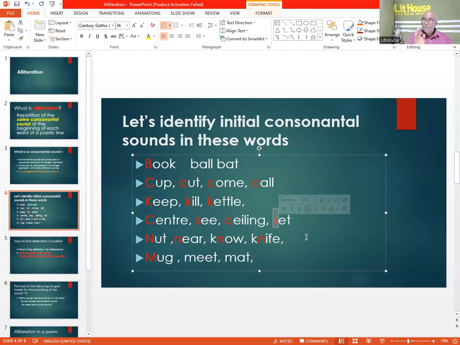Different consonants produce different sounds. That is the theory for alliteration.